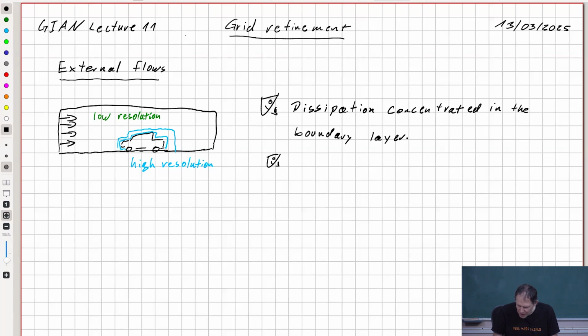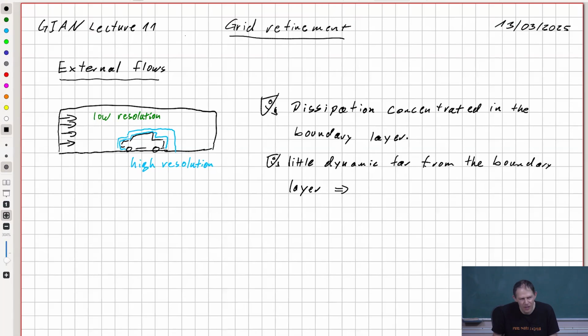there can be very little dynamics far away from the boundary, far from, and so in particular in front of the vehicle there is very little dynamic usually, right?